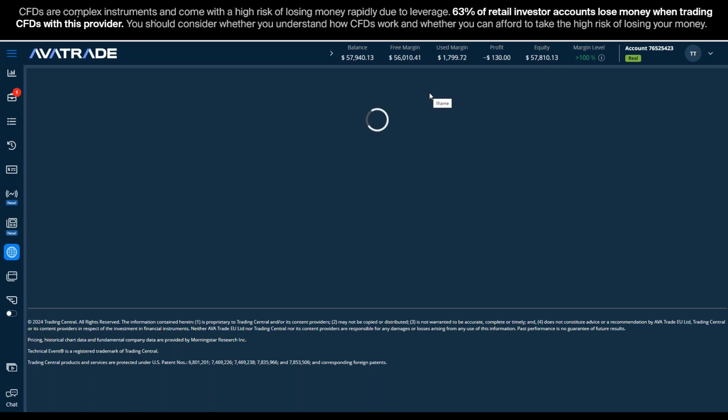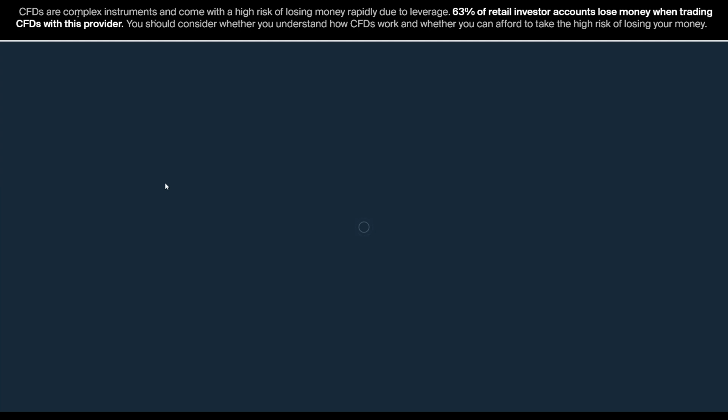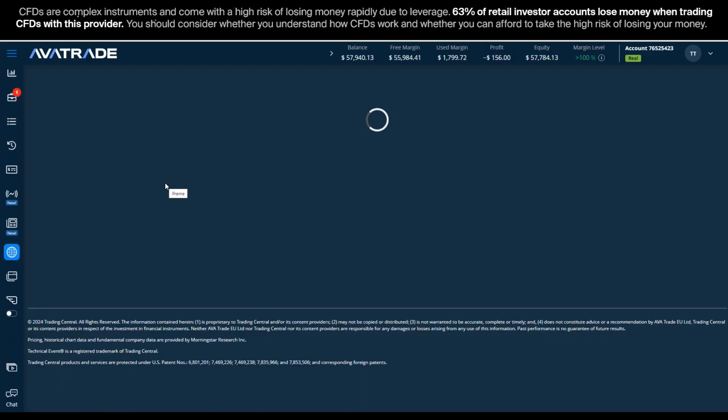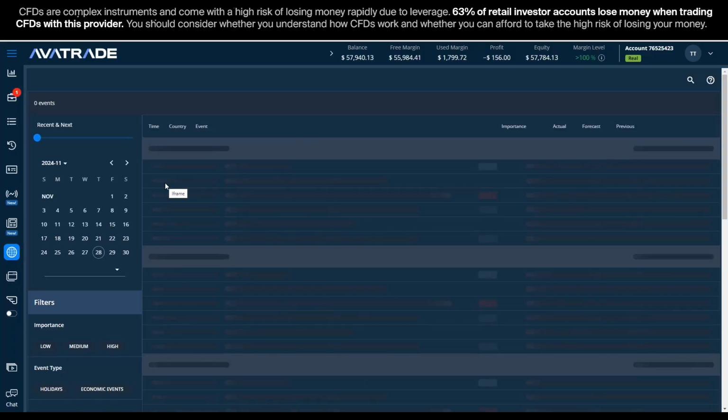If the announcement comes in better than expected or worse than expected, you can use the tools in our economic calendar to analyze the movements on the candlestick charts as to which way the movement went and how far after those numbers came in the past.